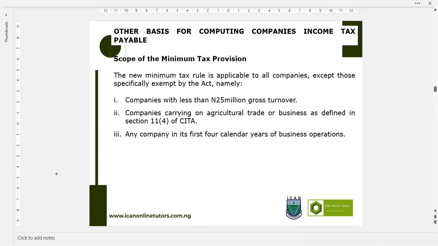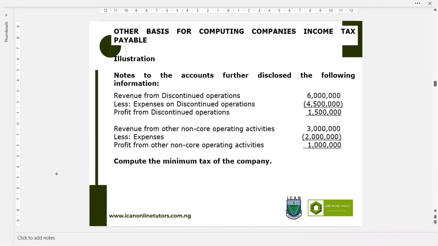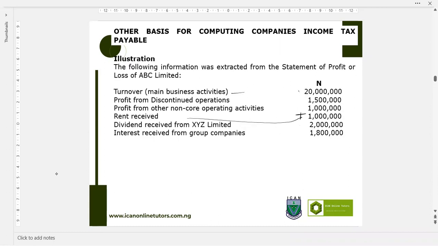The examiner is silent, so we treat it as frank investment income. Then do we have interest received? Yes, interest received from group companies. So interest received will form part of our turnover, so you add this.